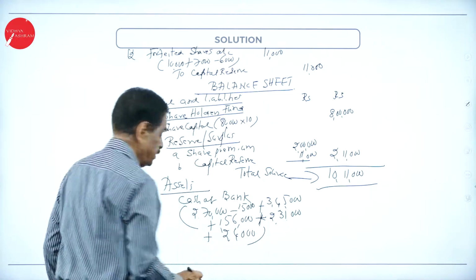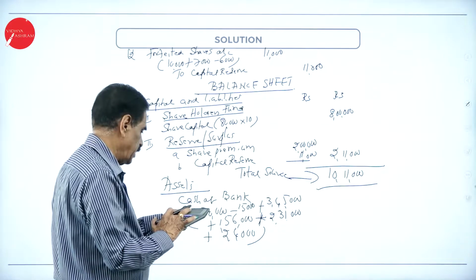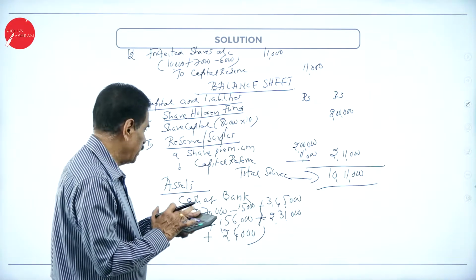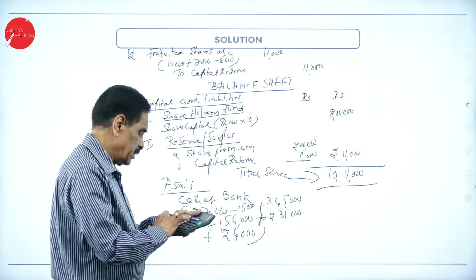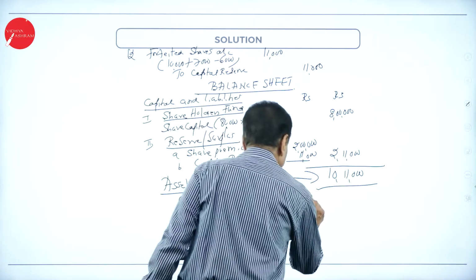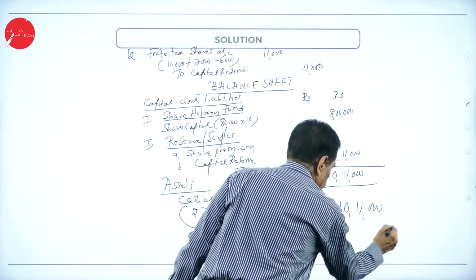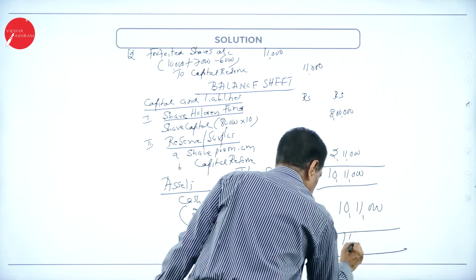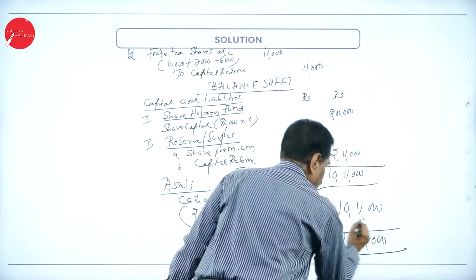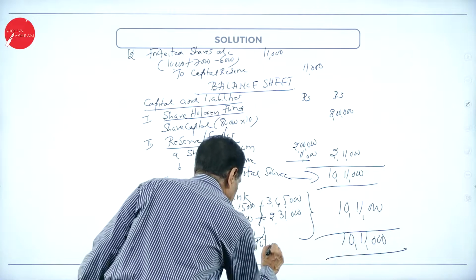If I add all these, 2,70,000 plus 45, 56,000 plus 2,31,000, 24,000, 10,11,000. It will tally for 10,11,000 total application.